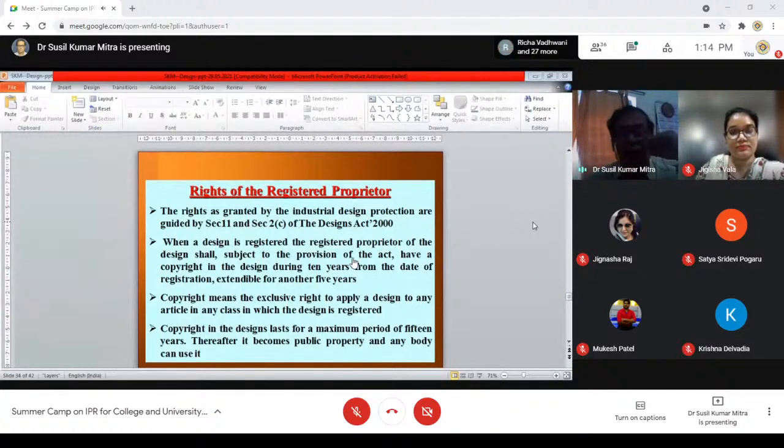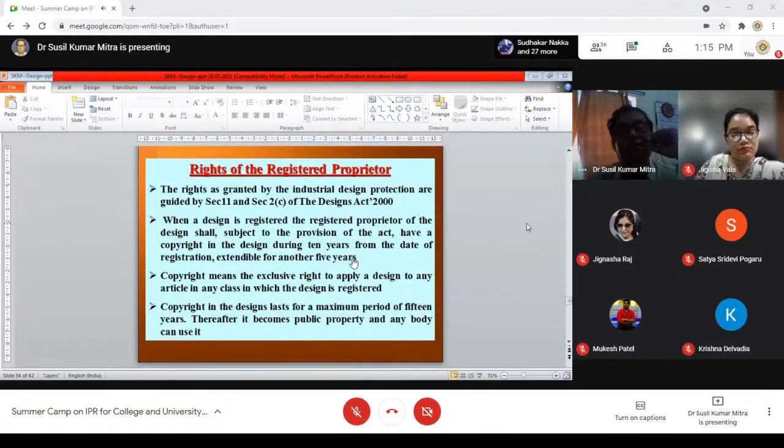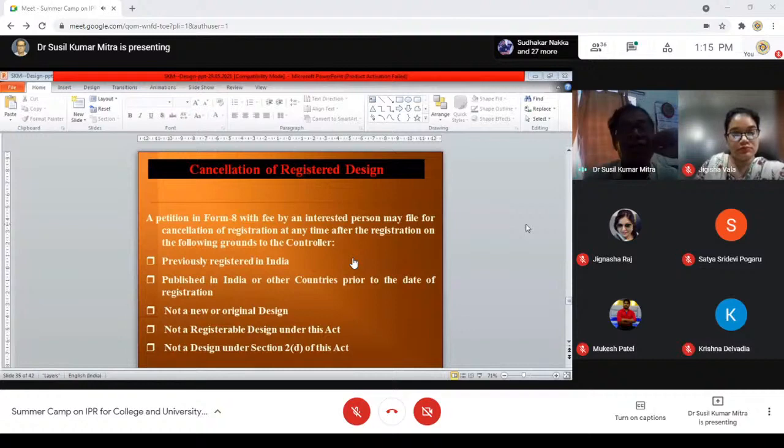And also the copyright of the design. And it becomes public property after 15 years, when the 15 years period is complete, then the design goes to the public domain like patent, and any public can use the design without falling into any infringement.